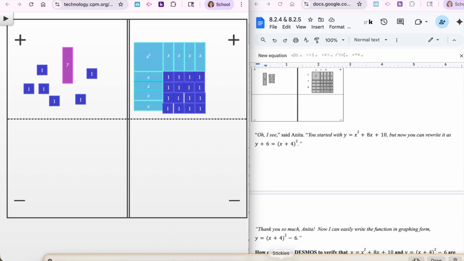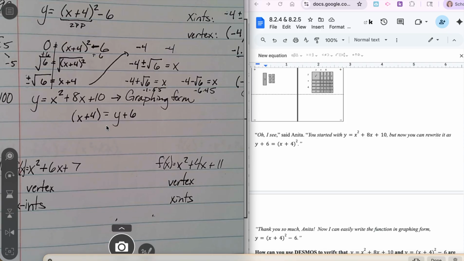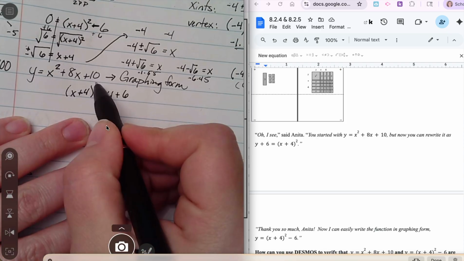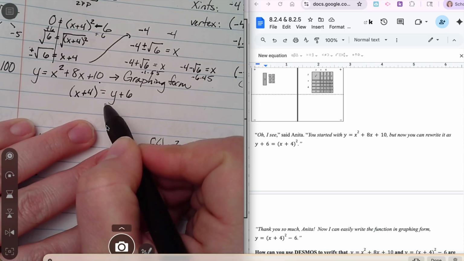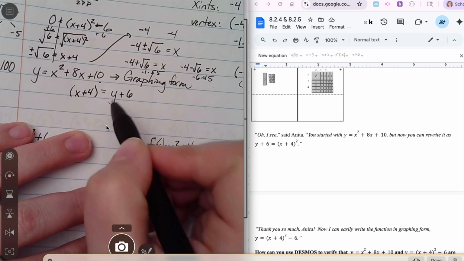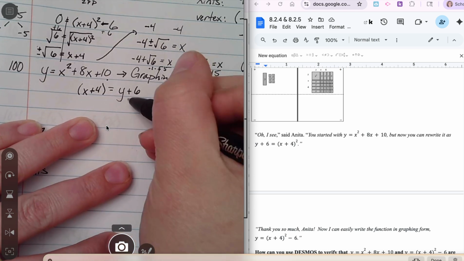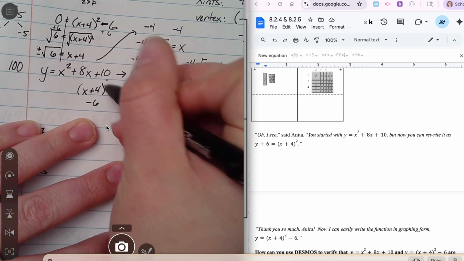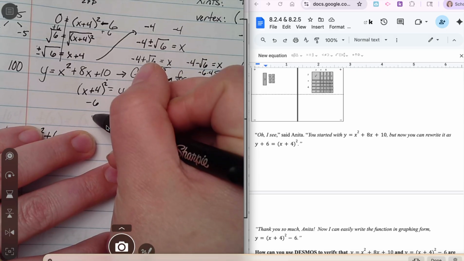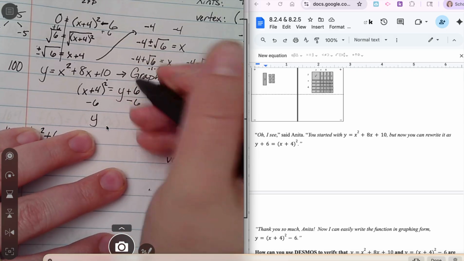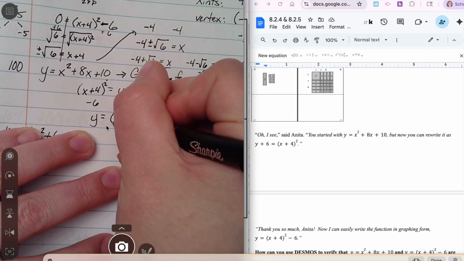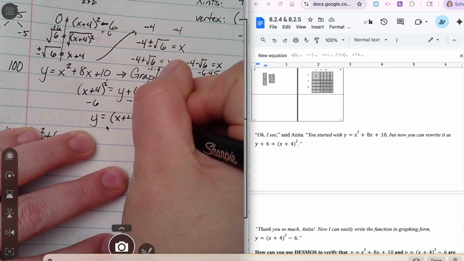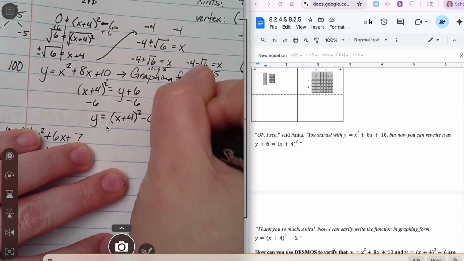So we're showing that our equation is the same thing as this. Now we can convert this to graphing form by subtracting the 6 to the other side. So we end up with, and I'm just going to flip-flop my two sides just to make it a little bit more normal looking for us, x plus 4 squared minus 6.